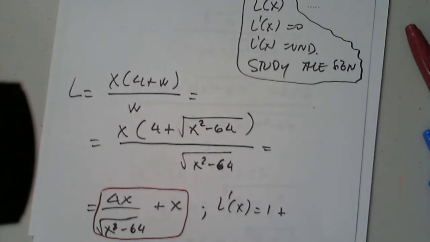So I have 4x divided by the square root of x squared minus 64. You know me, I like to see the function in there. Okay, and then outside plus x, and I plug in 10.21.